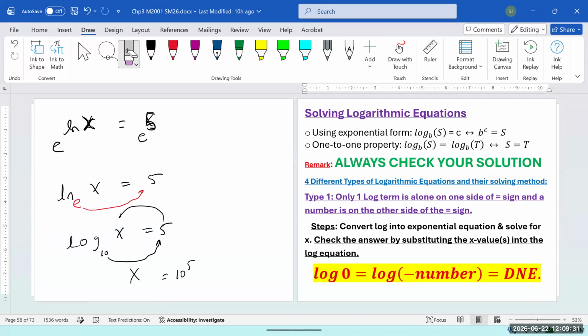Exponential function exists everywhere because the domain is everything. See the graph of the exponential is this. So we can apply every x value in our exponential function. It doesn't have any problem. But for log, it's different. Log has a limited domain. We can only apply the numbers that are on one side of our asymptote. So you always have to check the answers we get.